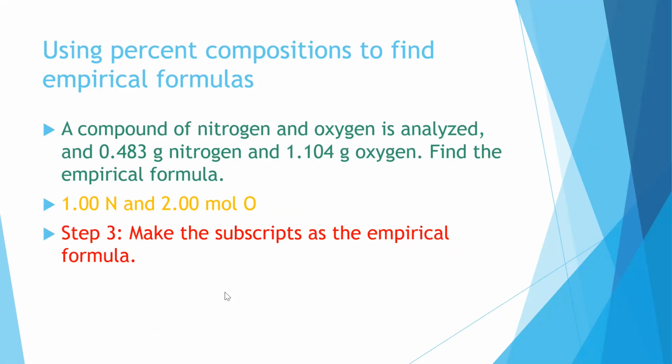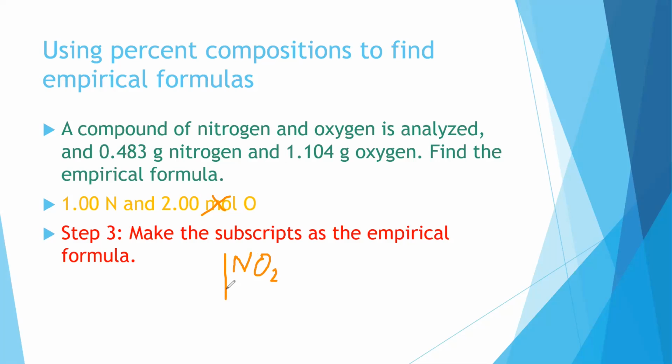So now we get 1 for N and 2 for O. Sorry, this is a typo, it should not be mole. Now we just use these numbers as the subscripts. So N, O, and 2, because O gets a 2 and N gets a 1.